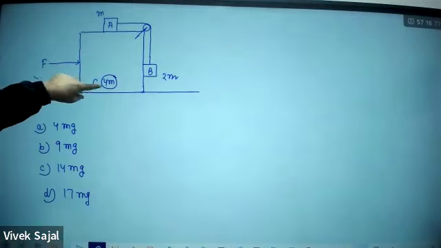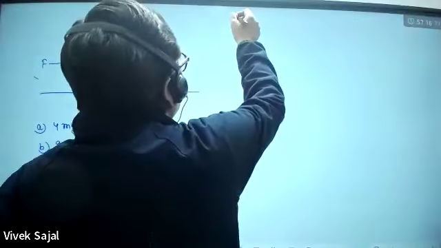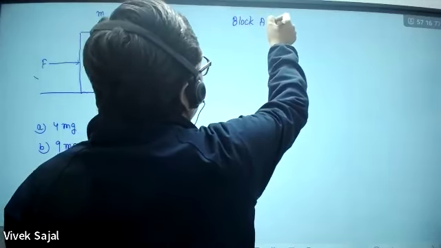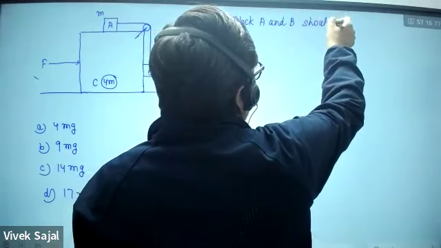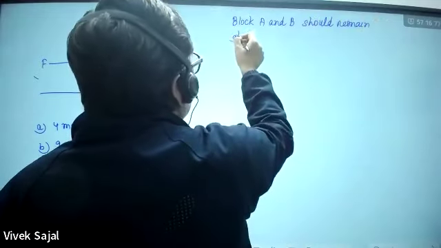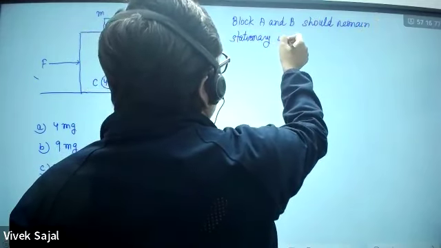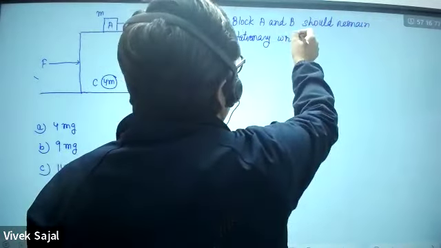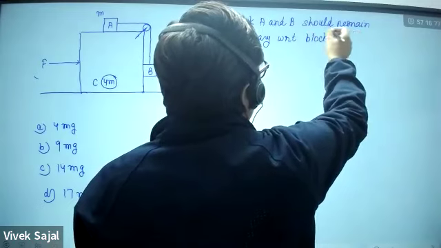So these blocks should be at rest with respect to block C. So what you are saying is that blocks A and B should remain stationary with respect to this block C. So who is the frame of reference?